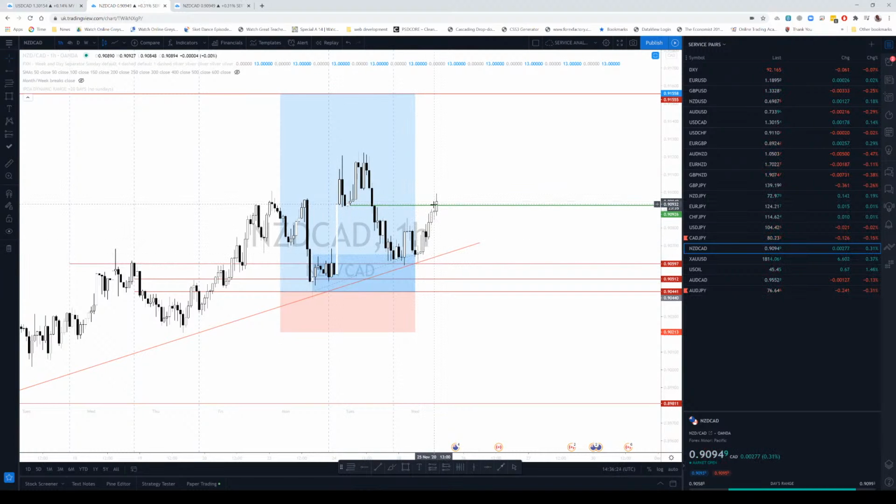Because we do have a higher high, we might struggle to break above that today, but maybe tomorrow it will find it easier to break. So I'm expecting price to find support or resistance in here, and then maybe a little bit of a pullback, and then a continuation to the upside.